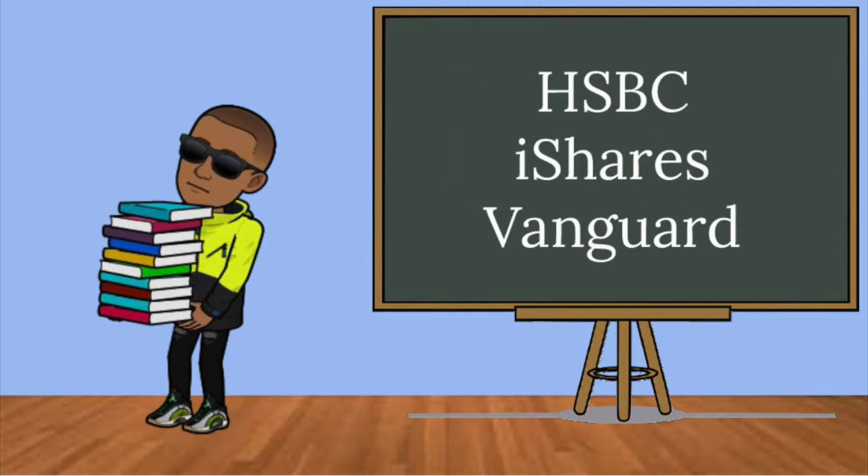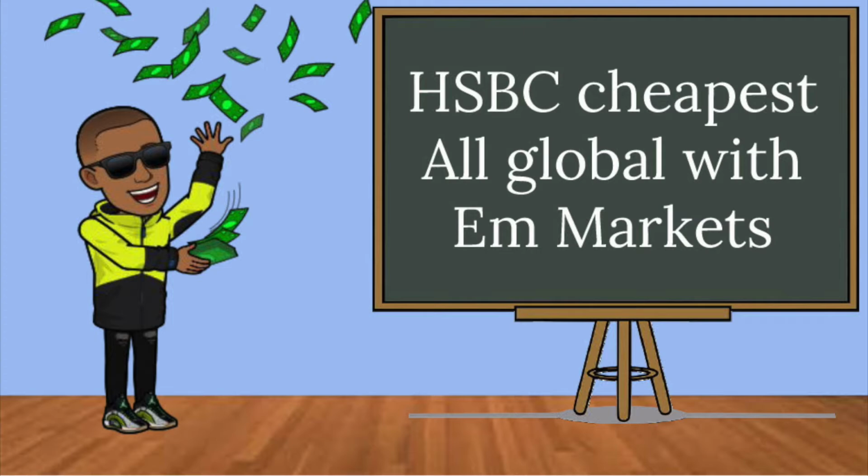So let's compare HSBC FTSE All World Index, iShares MSCI ACWI ETF, and Vanguard FTSE Global All Cap Index Fund. HSBC is the cheapest with an ongoing fund charge, or OCF, of 0.13%, compared with iShares at 0.2% and Vanguard at 0.22%.